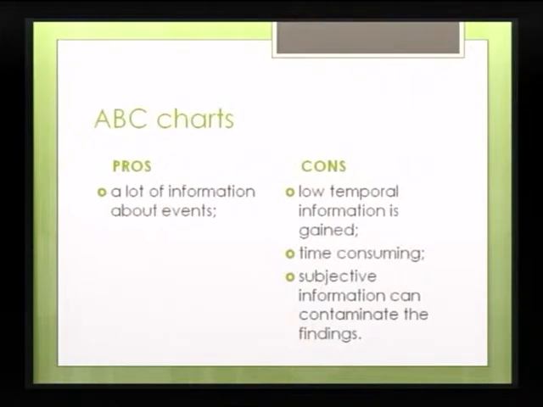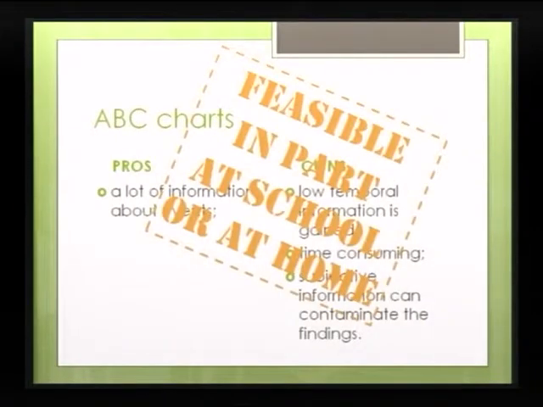So ABC charts could be improved if there are multiple observers and several contexts of information. But for these reasons, this method is also only partly feasible at school or at home.